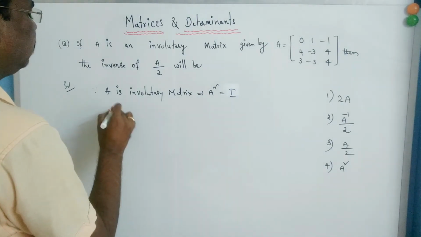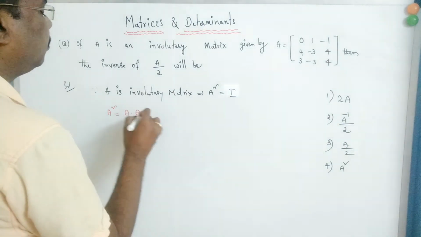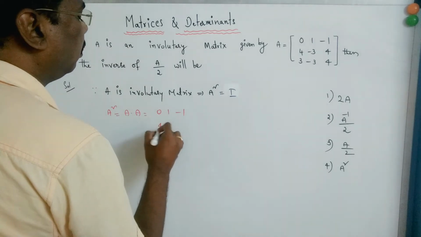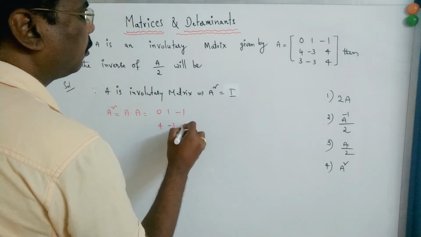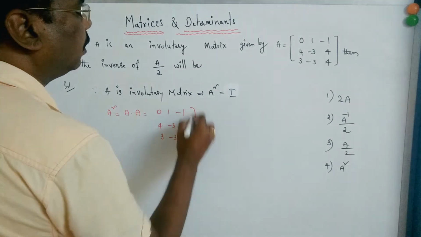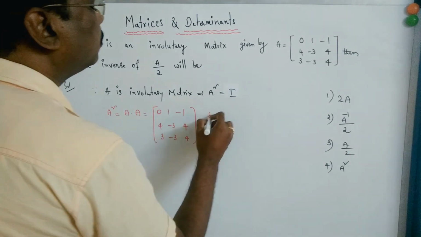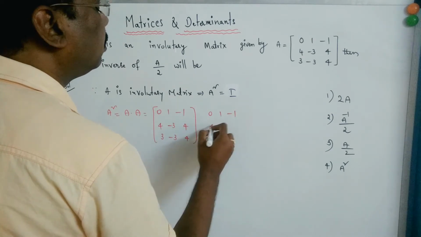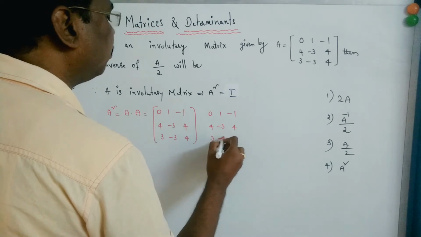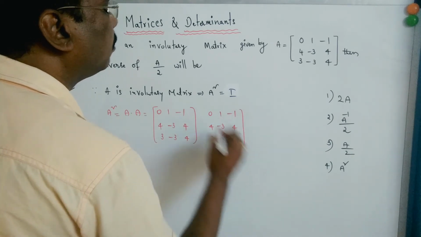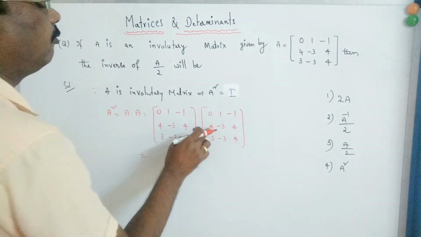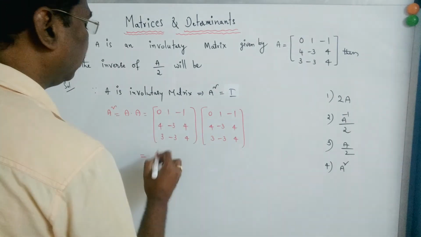Now A square is equal to A into A. 0, 1, minus 1, 4, minus 3, 4, 3, minus 3, 4 into 0, 1, minus 1, 4, minus 3, 4, 3, minus 3, 4. Okay, multiply both. 0, 4, minus 3, 1.